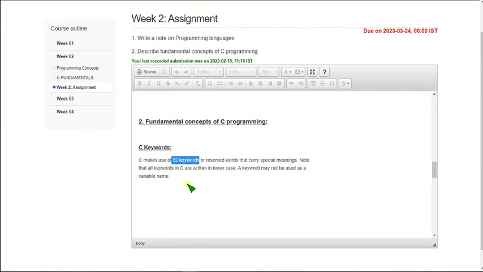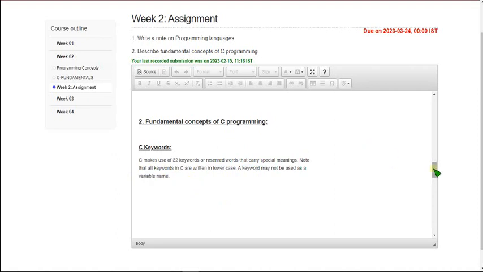I have not listed these 32 keywords here; you can go through the lecture and see them there. They are also called reserved words because they have special meanings. Every keyword represents a special meaning. All the keywords in C are written in lower case only. We should not use the keywords as variable names or function names.